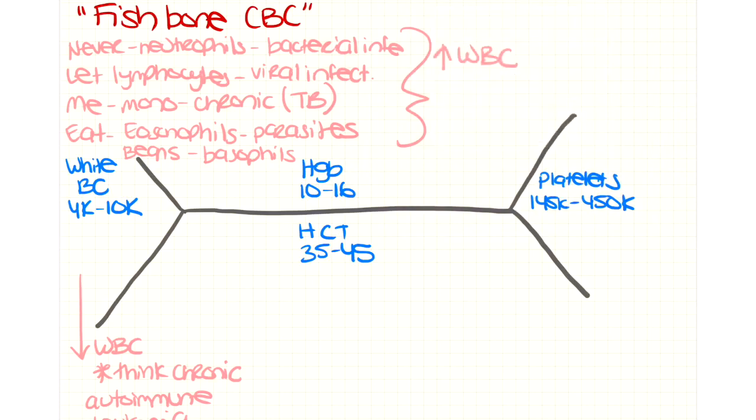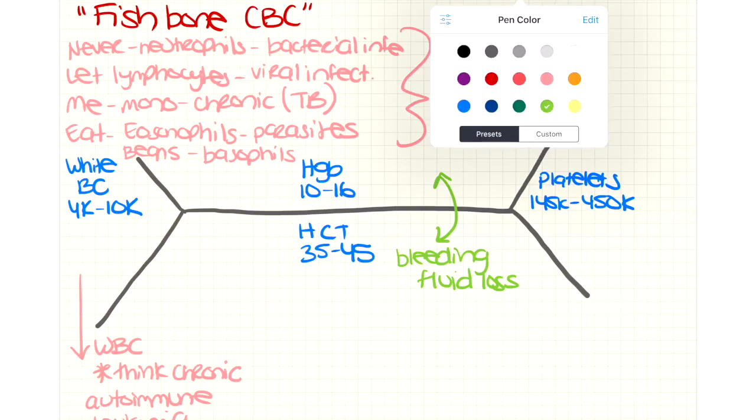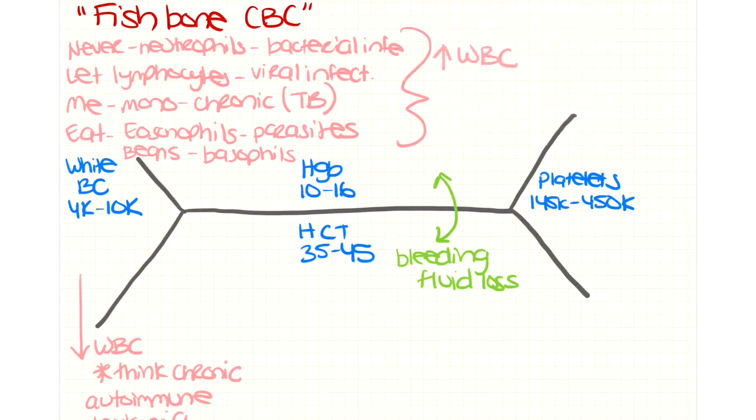Let's pick green. For your H&H, we're usually monitoring for bleeding or fluid loss. Platelets, a high count of platelets is a chronic condition like cancer.